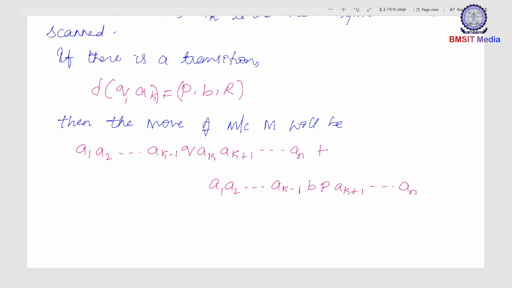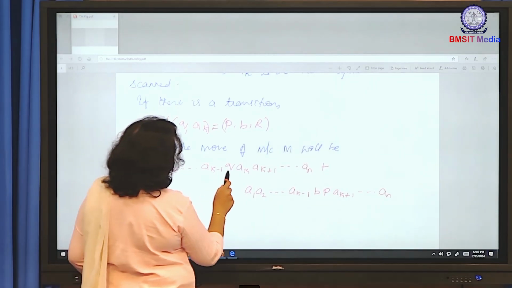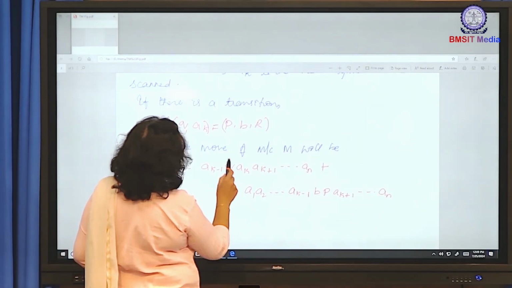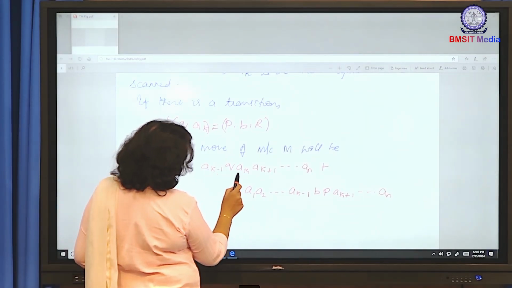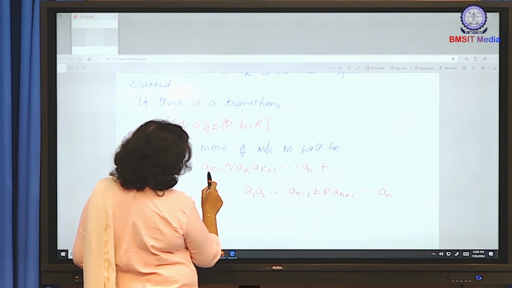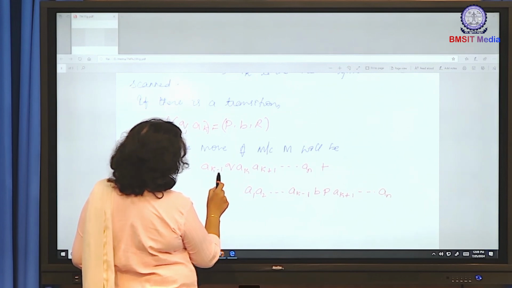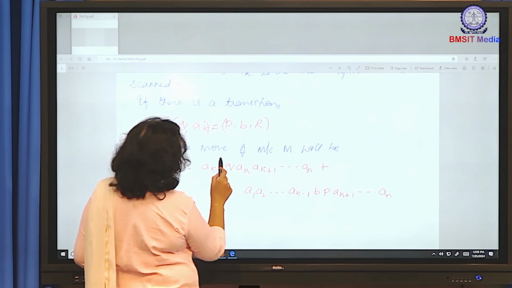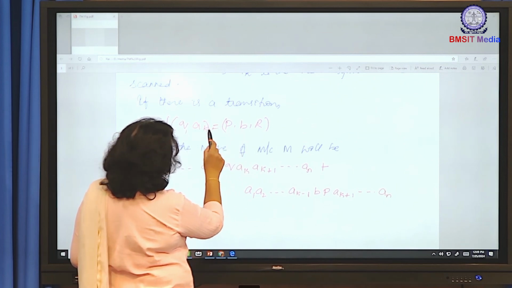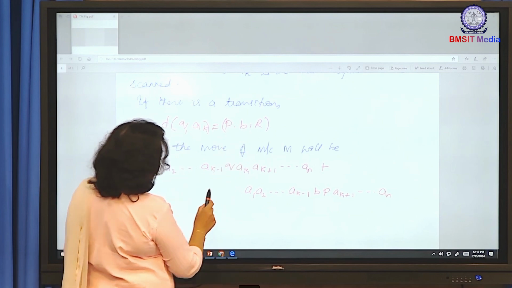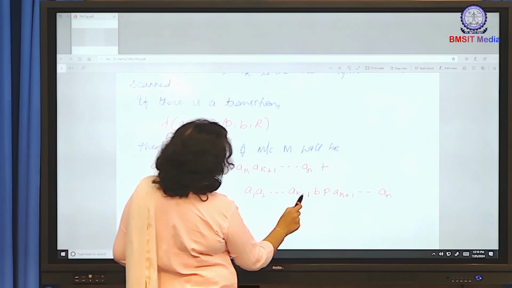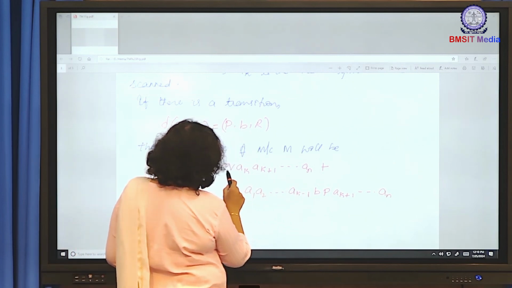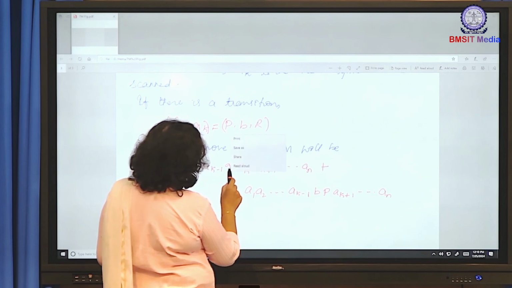So how do we do this? We are in state Q and we are reading AK. So before this we have AK minus 1, Q should be changed to P and AK will become B. So till AK minus 1 you are moving, the head will go to right.